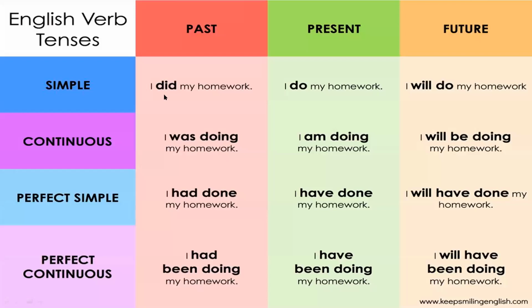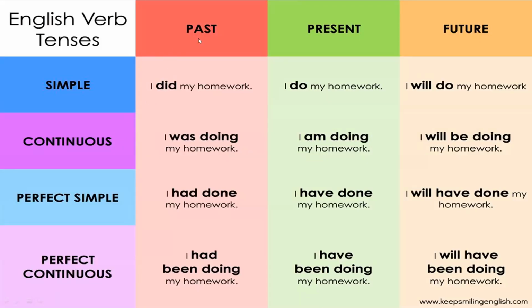But did or do in simple tenses are omitted. So that's why you just say, I had the medication, or I took the medication, without adding the verb to do. And we'll discuss this later in the next slide.